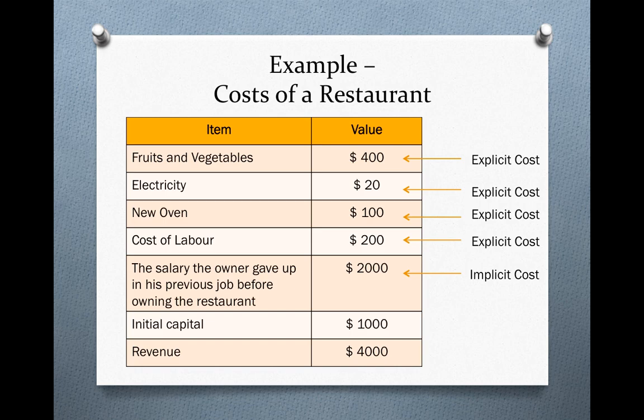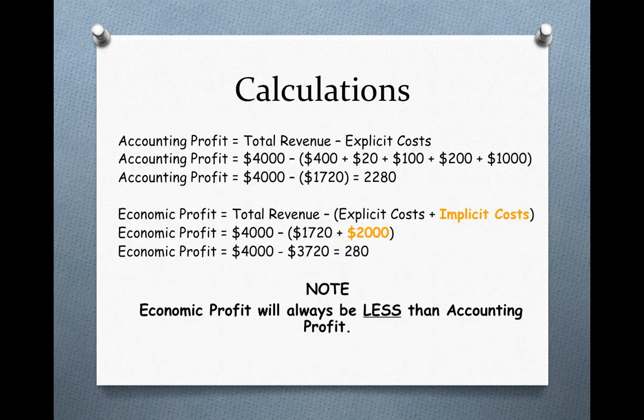He had to give up on that money in order to start this restaurant. So, if he didn't have this restaurant, he would have had that income. So, that is an opportunity cost, which is an implicit cost, which an accountant would normally not record. An initial capital, of course, is an explicit cost.